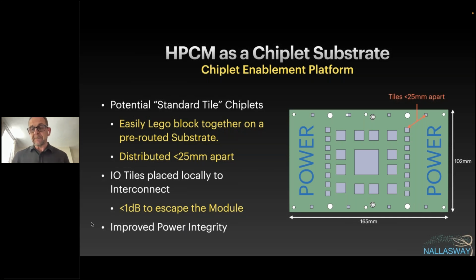Alan? Yeah. So the question is, all the connectors are on the backside of this. Correct. And you mentioned something about having the I/O chips over these connectors. Yes.